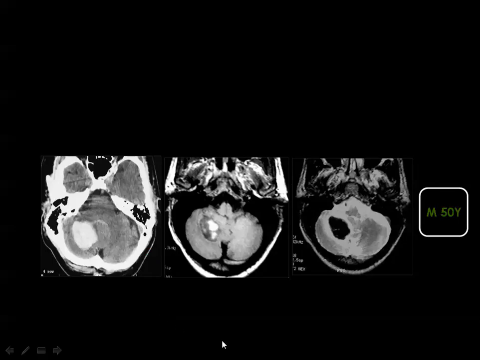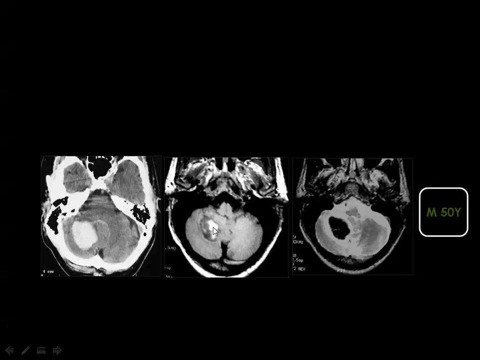Then hemorrhage in the cerebellum will be the same as hemorrhage in the cerebral hemisphere. This is an acute hematoma by CT. By MRI, you see part of the hemorrhage is of intermediate signal in the T1 and very dark signal in the T2, denoting deoxyhemoglobin, acute blood.